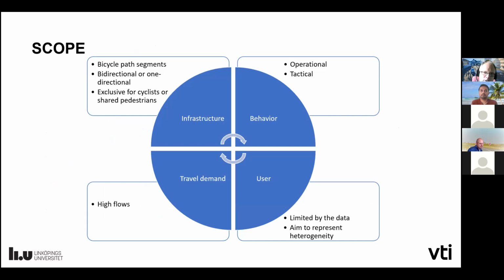It's focusing on the tactical or operational behavior, so route choice and other parts at the strategic level are not included. We are focusing mainly on high flows and delays due to that, and which types of bike users. That's kind of limited by the data, but the aim is to represent the heterogeneity.